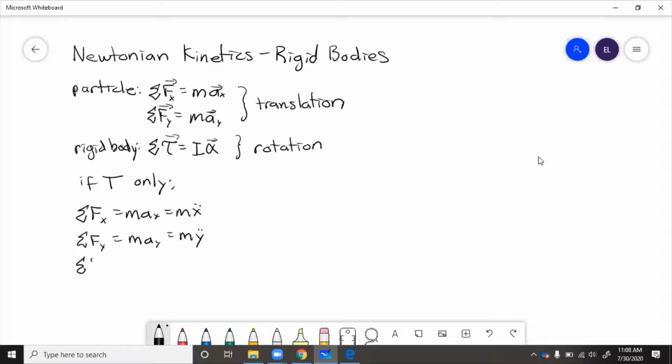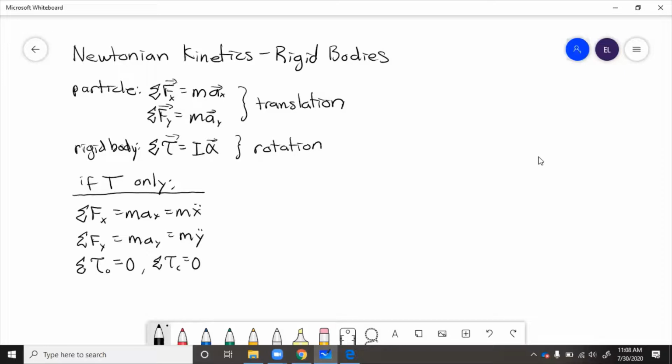And sum of the torques equals 0, so torque around the axis of rotation, and sum of the torques around the mass center equals 0. That is for pure translation, because if something is only translating, then it's not rotating, so we know sum of the torques is 0.